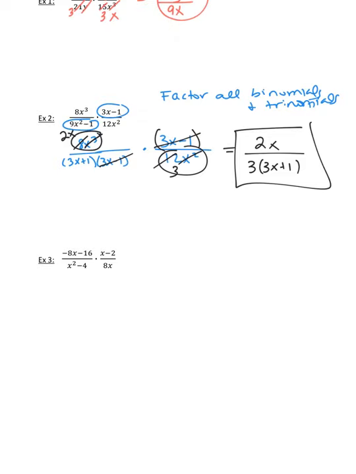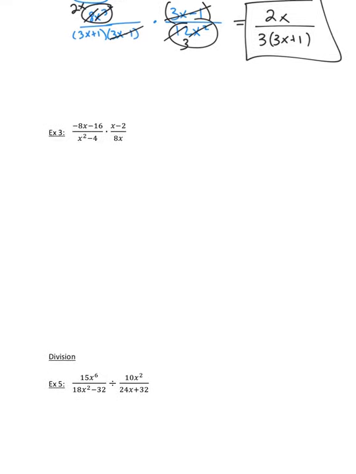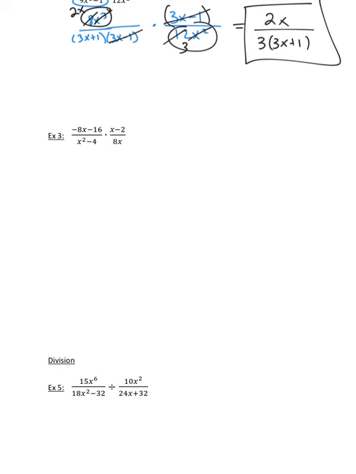Okay, so we're going to do a couple more of these. Here's another one. This one has a little twist in it, which is that when you look to factor the first binomial, negative 8x minus 16, and you want to pull out a GCF, instead of pulling out the number 8, it would be better to pull out the number negative 8.